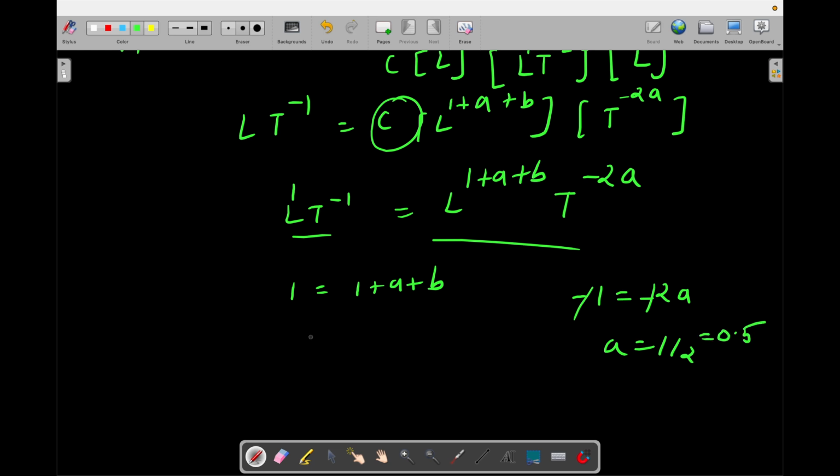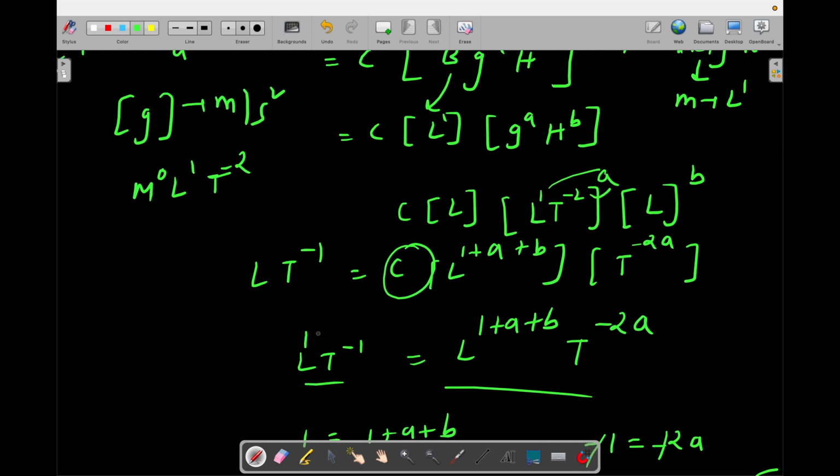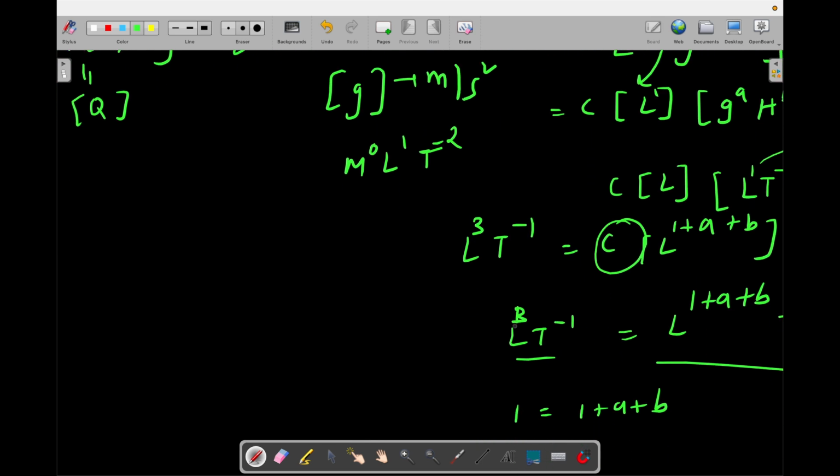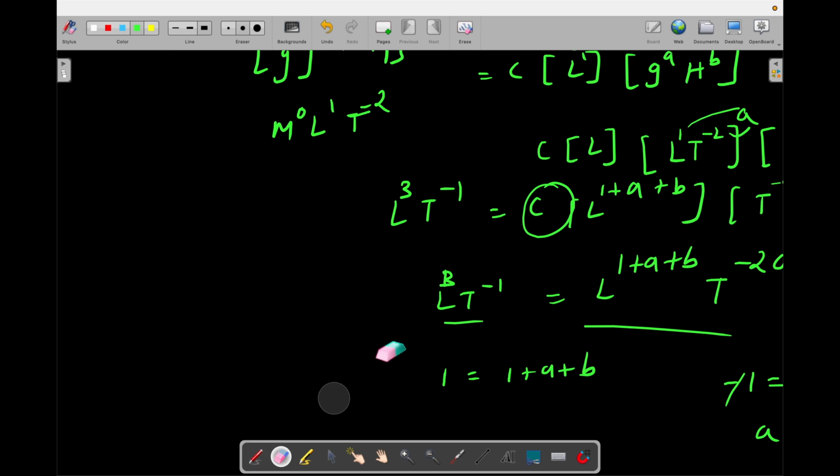And if you substitute a here, that is 1. And volume has L cube here. Sorry, L cube here. If you just replace that with 3, because on the left hand side it is Q here.